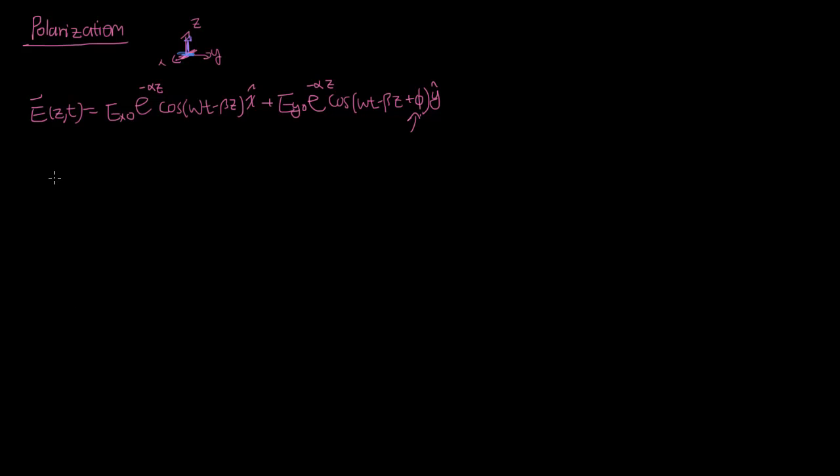So let's rewrite that into phasor form. In phasor form, the subscript s just refers to a phasor, but I can also say it's a phasor by just saying it's a function of z and no longer a function of t. You can rewrite the phasor form as some component in the x hat direction plus some component in the y hat direction, and separately there's a phase difference, e to the j phi, and then they both have e to the minus alpha z, e to the minus j beta z, so I'm just going to pull that out.